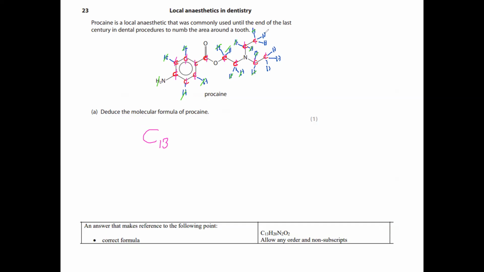So we have 13 carbons. Now let's count the hydrogens: 2, 3, 4, and so on up to 20. So we have 20 hydrogen atoms. You can simply see that there are 2 nitrogens, one here and the other one here, and 2 oxygens, one here and the other one here. So the molecular formula for this one is C13H20N2O2. That's the molecular formula.